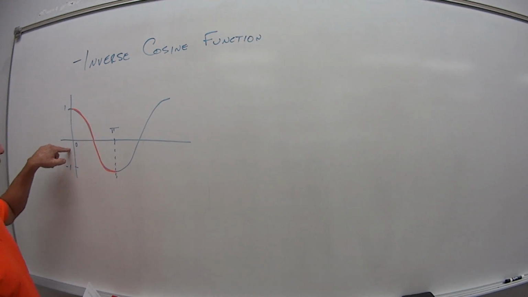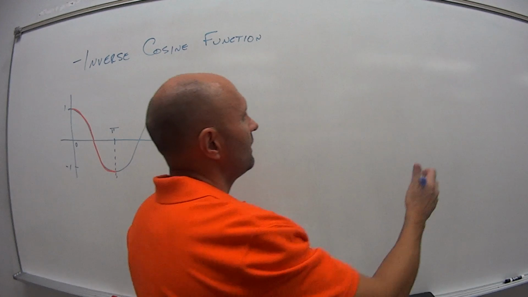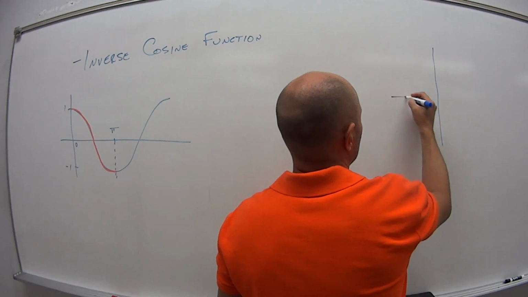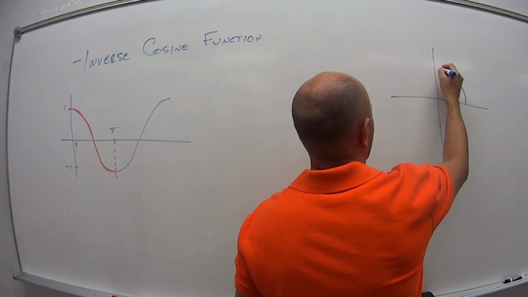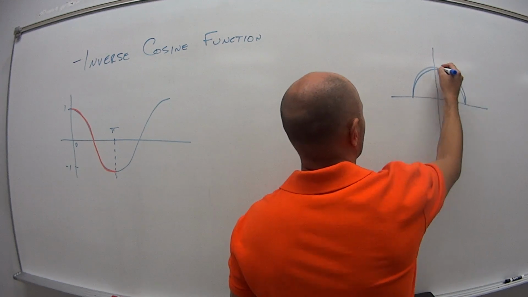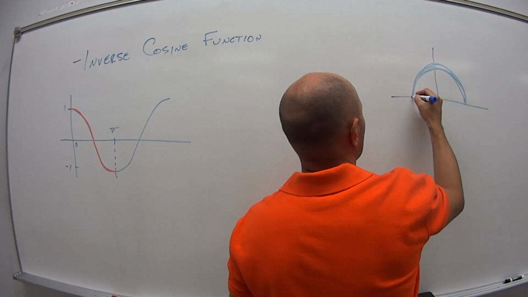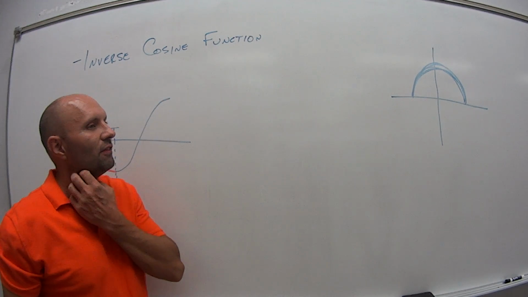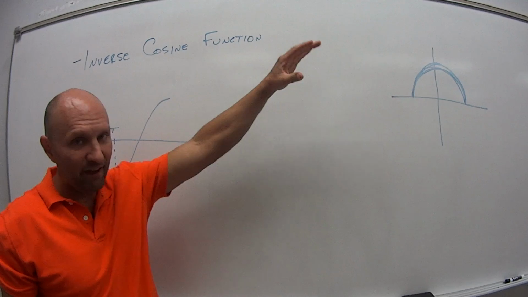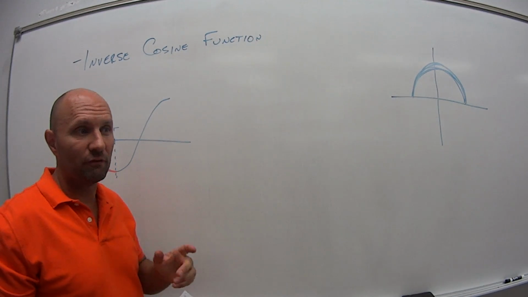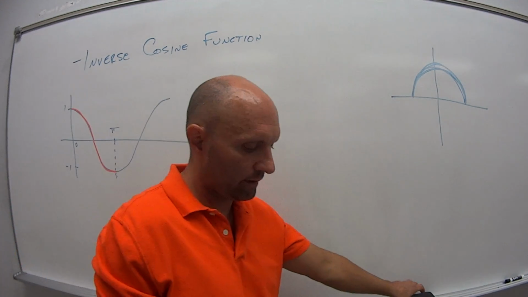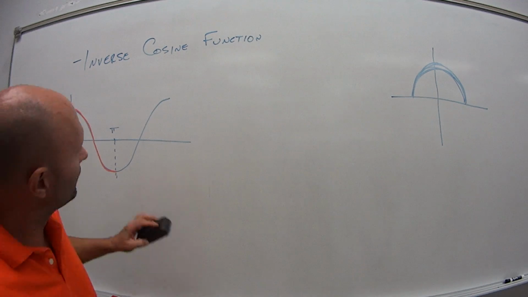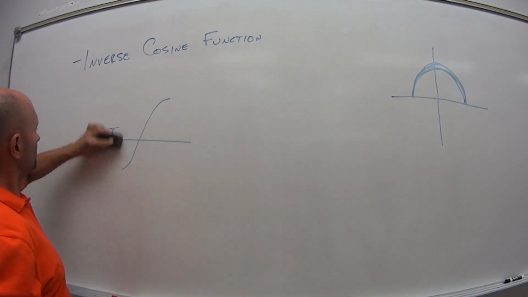Well, here, because we're talking about 0 to pi, that would be the top half of the circle. So when we do these inverse cosine functions, the value we end up with has to be in that top half of the circle. If it's not, we do not have the right answer. So let's look at a couple examples.